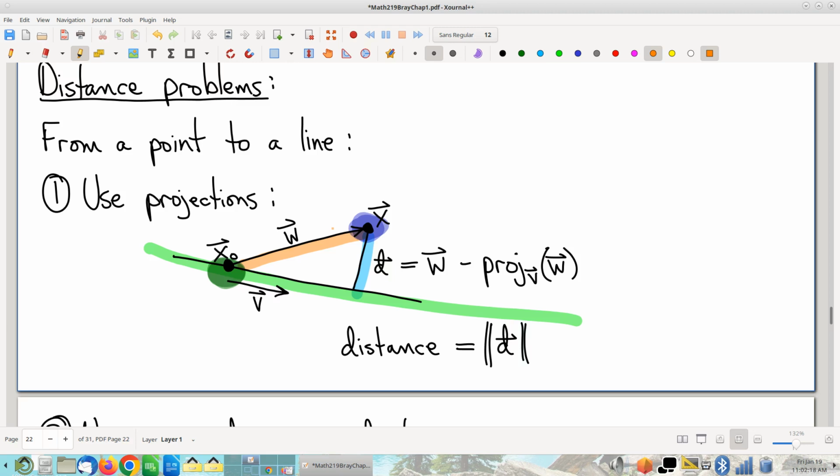So, okay, but what you can do is take that vector and then compute its projection in the v direction.